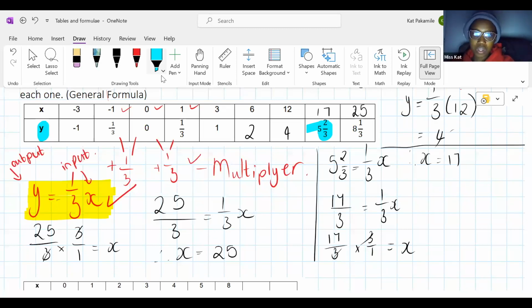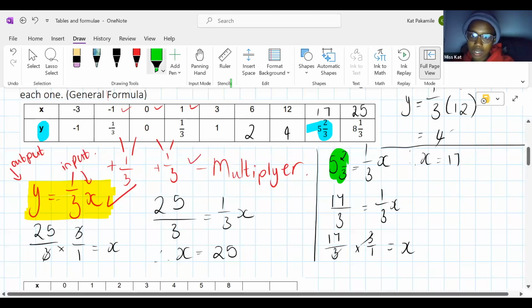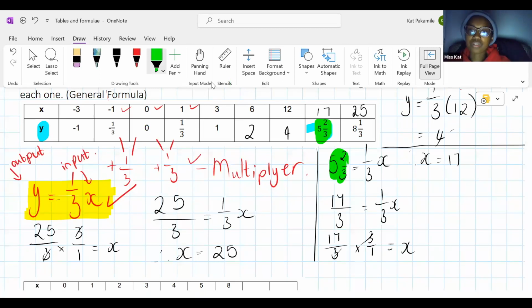Okay, so then you go there and you say 5 2/3 where the y is is equal to 1 over 3 times x. And then I simplified this by making it an improper fraction: 5 times 3 plus 2. That's where I got the 17 over 3 is equal to 1/3 x.